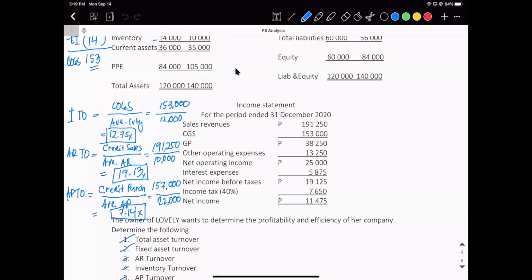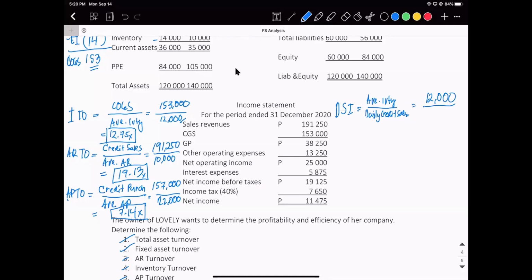Okay, so let's compute for the DSI. DSI again is average inventory divided by daily credit sales. Average inventory, we have already computed, and this is 12,000. Next, how do we compute for the daily credit sales?